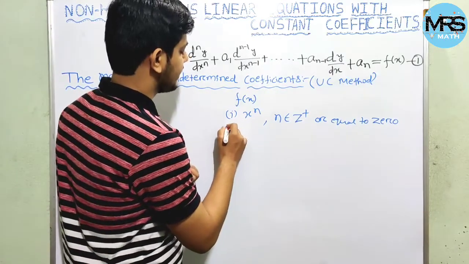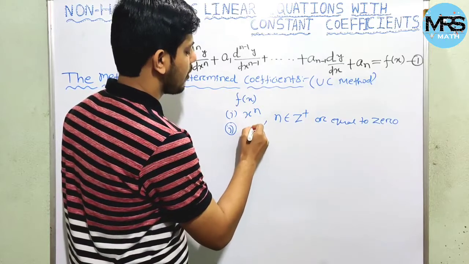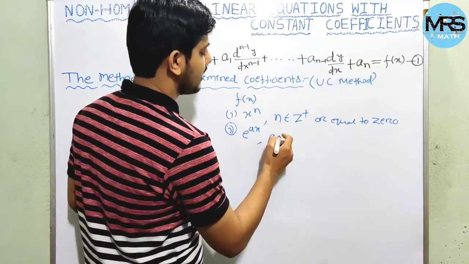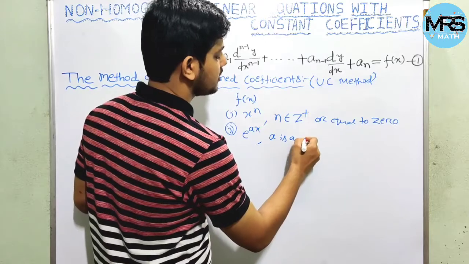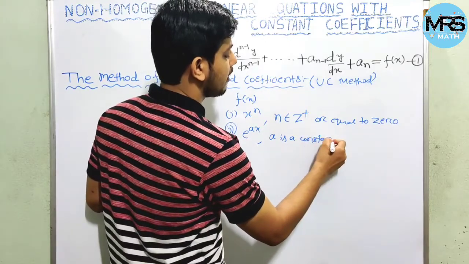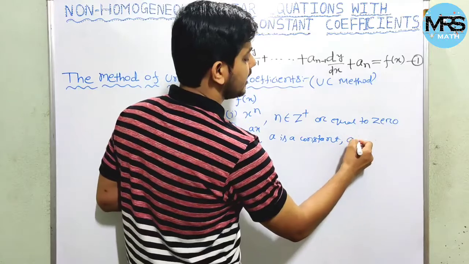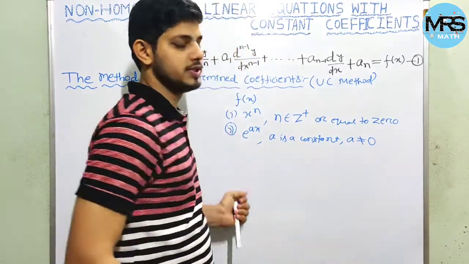The second type is e to the power ax, where a is a constant and a should not be equal to 0.